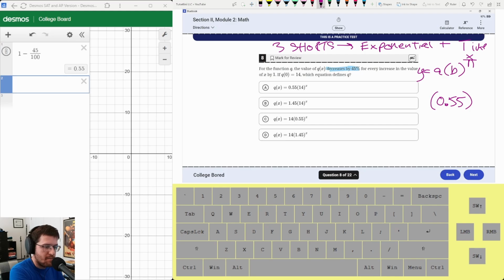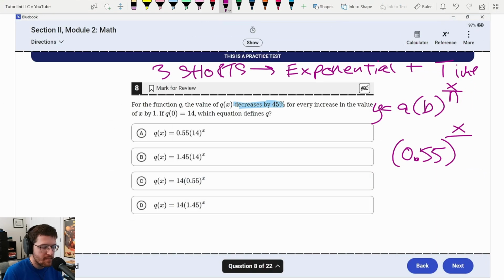So let's write that down. And let me come back over here. It says for every increase in the value of x by 1. That's just telling you that the interval is 1. That's how often it happens. So I'm going to put a 1 where the n goes. And this part here is just a point using function notation. Q of 0 equals 14. In other words, that's the point (0, 14). x is 0, right?